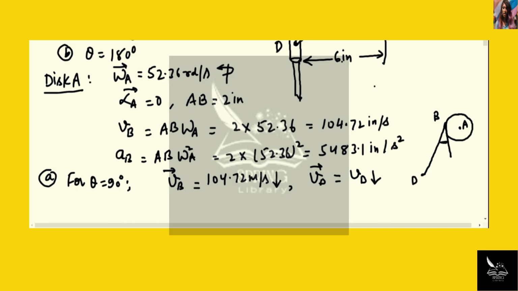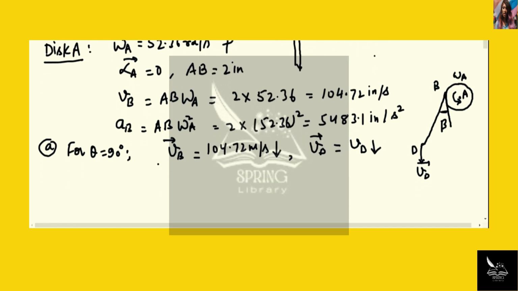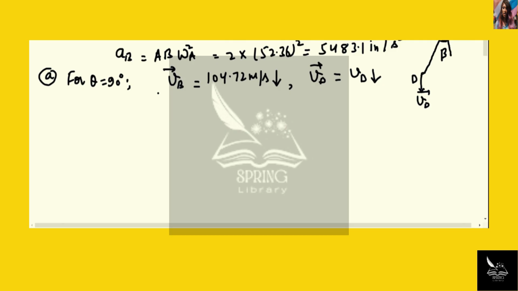This angle beta we can find. From the figure you may see sine of beta will be 2 upon 5, that is 0.4.